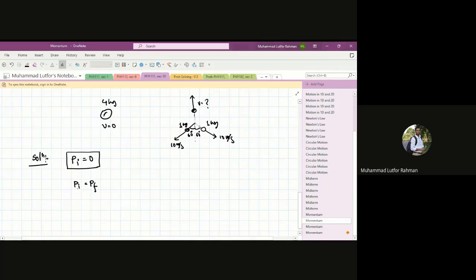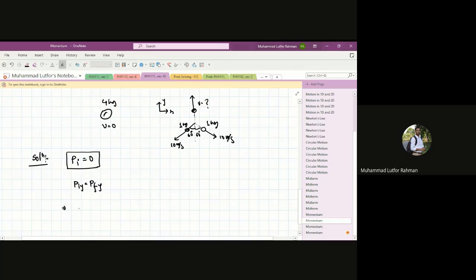Or you can write, if you take the components, say this is my x component and this is my y component, then I can write that Piy must be equal to Pfy. Only the y component I have to take over here.